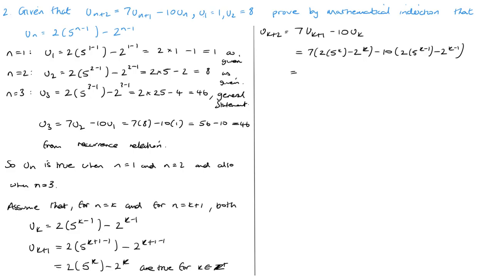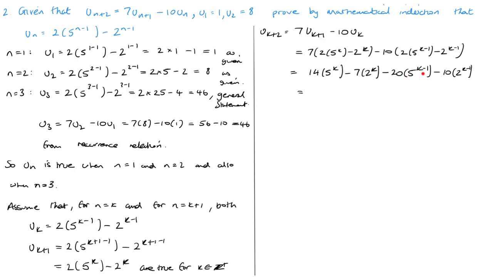Now I need to go ahead and sort this out. So I've got 14 times 5 to the k minus 7 times 2 to the k, minus 20 times 5 to the k minus 1, minus 10 times 2 to the k minus 1. Now let's get the powers of 5 together, and also sort out these with the minus ones.